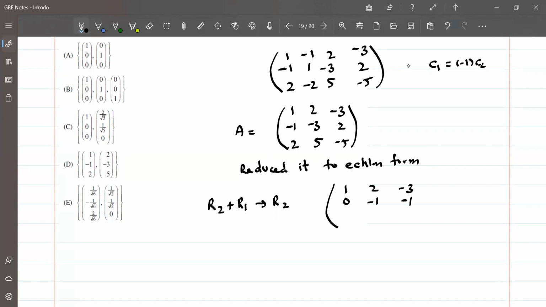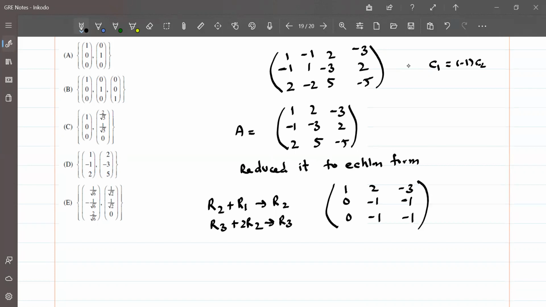Again, if we take R3 plus 2 R2 and put it in the R3 row, we have 2 minus 2 which is 0, and here we have -1, and here we have -1.